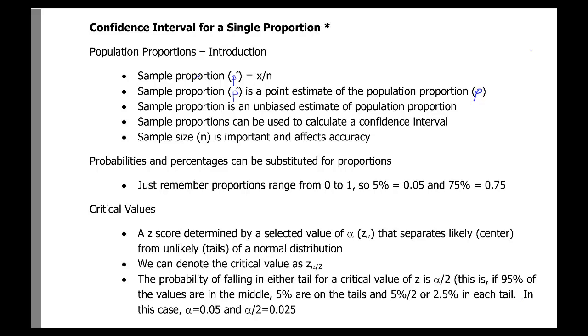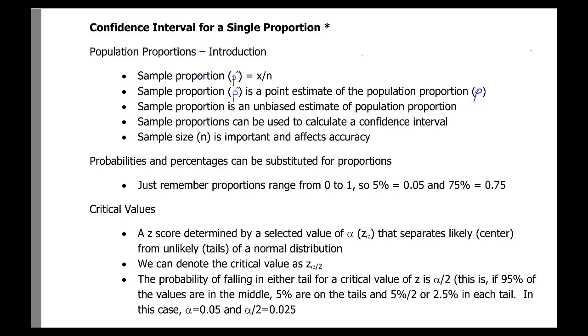In this video, we're going to learn how to calculate a confidence interval for a single proportion. What we're going to do is take a sample and get a sample proportion, and then from that sample proportion, we are going to calculate a range of values that we can be confident the actual population proportion falls between.